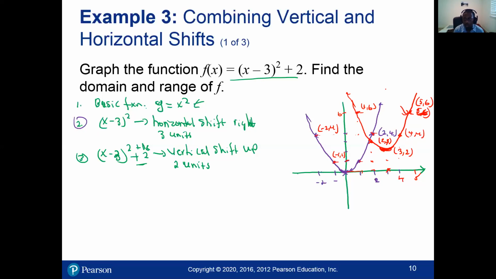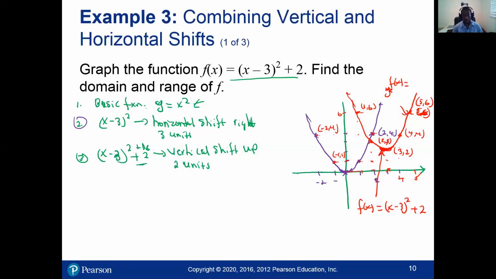Sorry, this is f of x is equal to (x minus 3) squared plus 2.